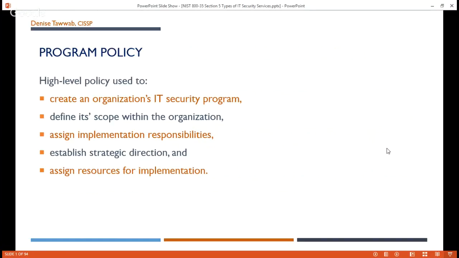You definitely don't want a program, whether you set it up in-house or you hire somebody to do it for you, that does not clearly state who does what. This is one of those areas where we need to know who's responsible for what. The other thing your program policy does is it establishes your strategic direction and it assigns resources for implementing the policy.